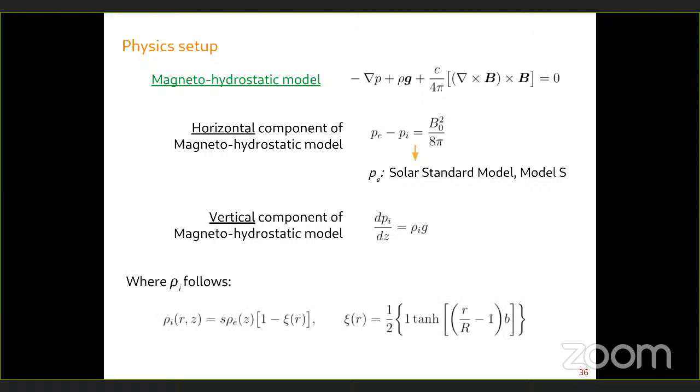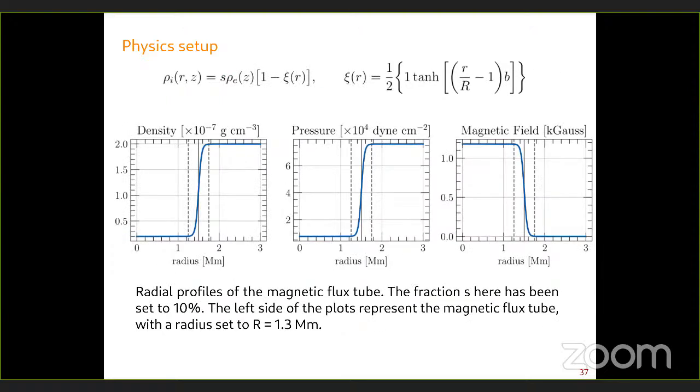So we select a proper profile for both the density and the pressure, so that the density and the pressure have a constant value through the cross section, and in regions near the boundary, they have a smooth change in order to be connected with the exterior, which is given by the solar standard model.